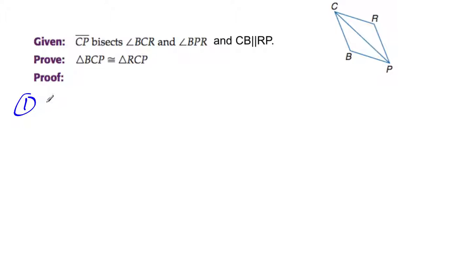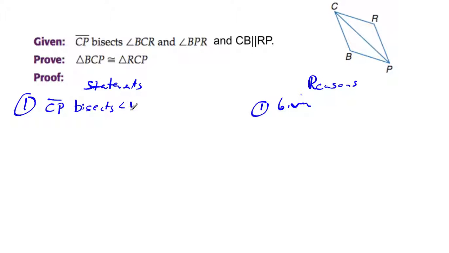So here, I'm going to have my statements and reasons. And let's start with a given. So CP bisects angle BCR and also angle BPR. And let's also say that CP is parallel to RP. Okay.